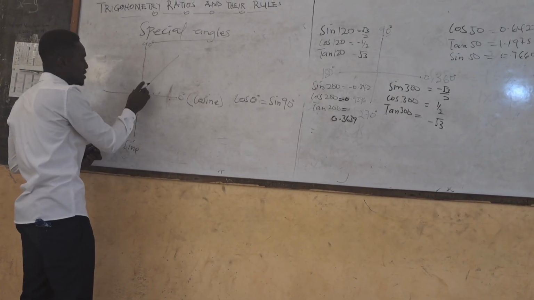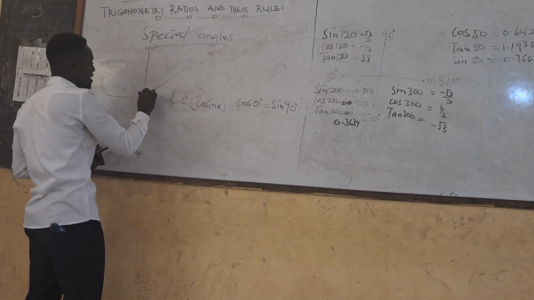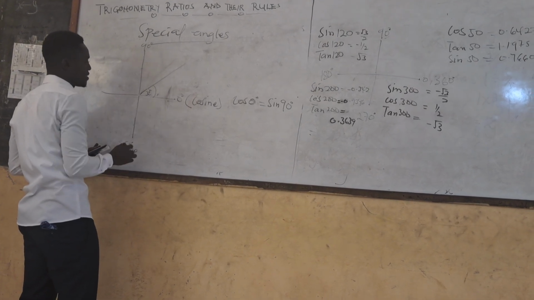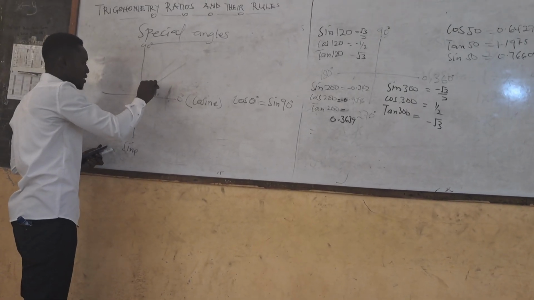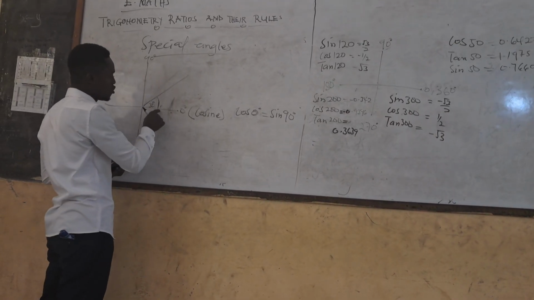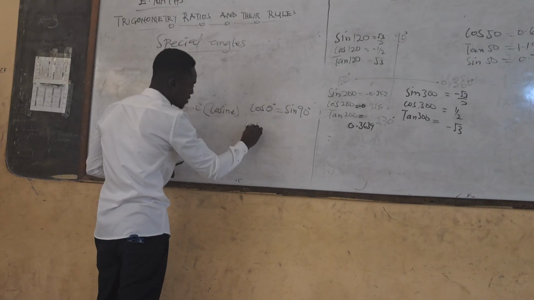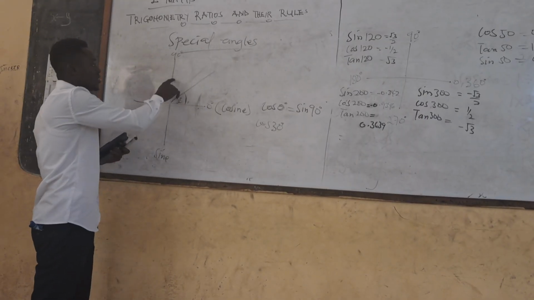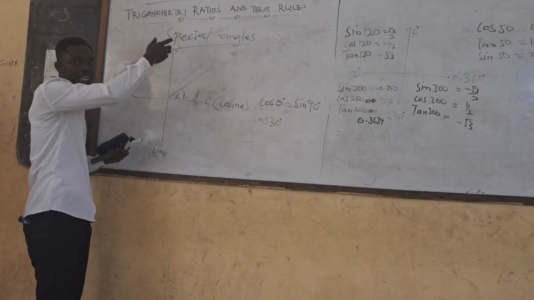So for instance, because I said in trigonometry we measure anti-clockwise, let me measure a certain angle here, let's say 30 degrees. Now, as you can see, from the x-axis to the angle measured is 30 degrees. So if I take cos 30 degrees, which value should I add to it to get 90 degrees?